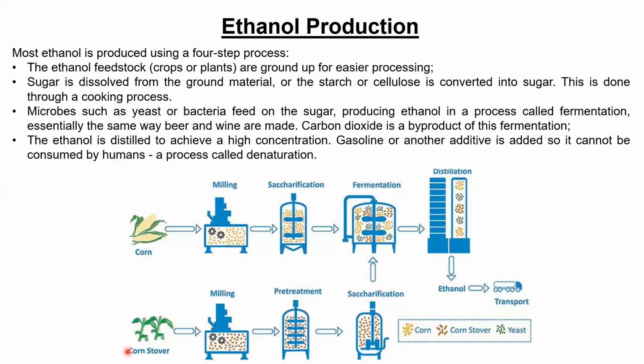You can use the corn stover, or you can use the corn, and once you have brought them to the industry, you have to mill them and cook them so that all the sugar in the ground material is dissolved, or the starch or the cellulose is converted into sugar. Why? Because these yeast cells thrive on these sugar molecules. After saccharification, which is the conversion of all these organic molecules to sugar through cooking, the material is introduced into a fermenter.